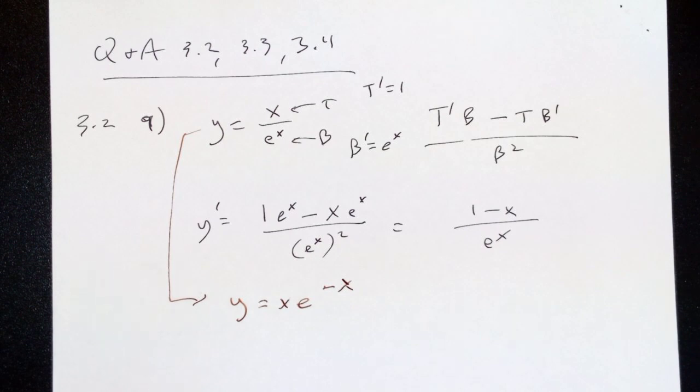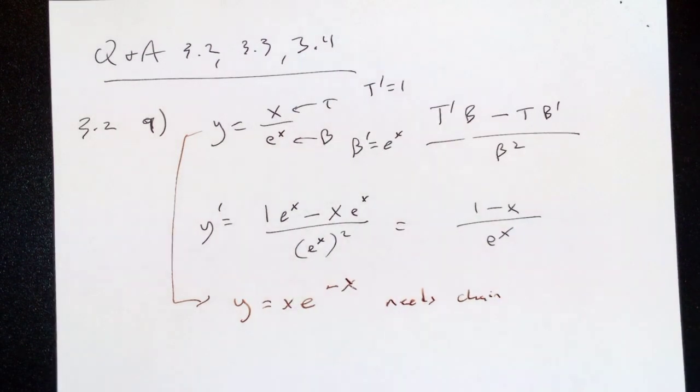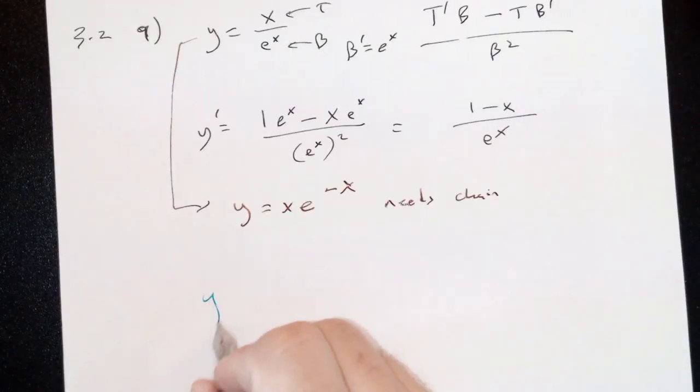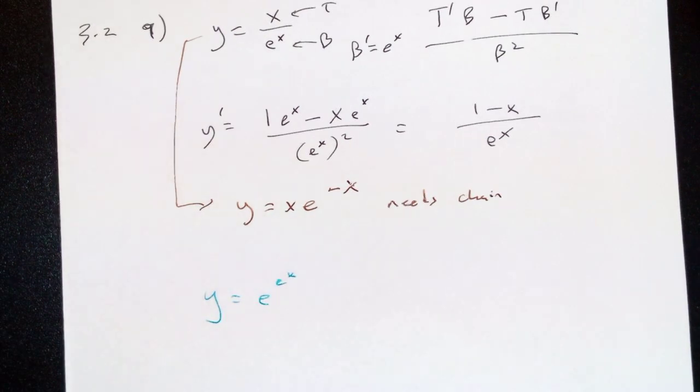It had e to the e to the x. I don't know how to identify which is f and which is g. So when I see that, my first reaction is to choke back the bile, but after that, that's e to the stuff, right?